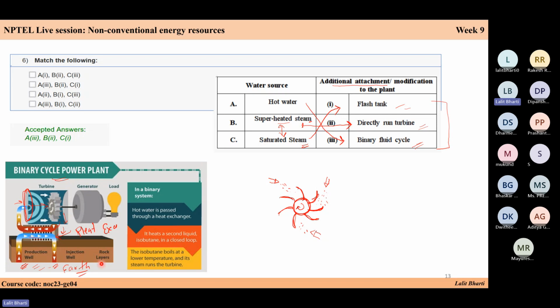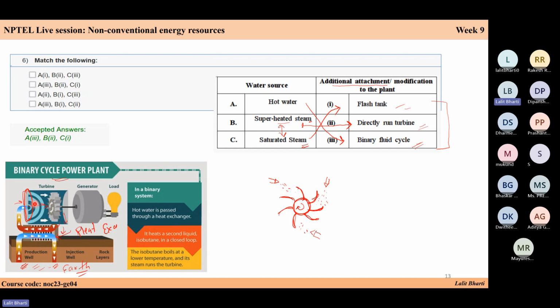Basically, this is how a turbine and generator generate electricity. You have some temperature source and you get some steam at this level. By using the very high pressure steam, your turbine rotates.